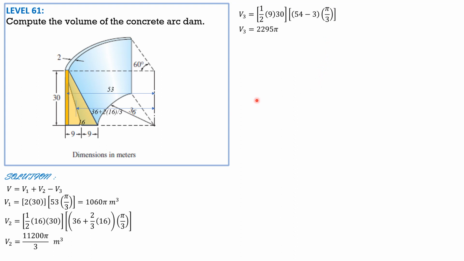So volume 3 is 2295 pi cubic meters. So we can now compute the volume. Volume 1 plus volume 2, 1060 pi plus 11,200 pi over 3 minus 2295 pi. So in decimal and to four significant figures, 7,849 cubic meters.